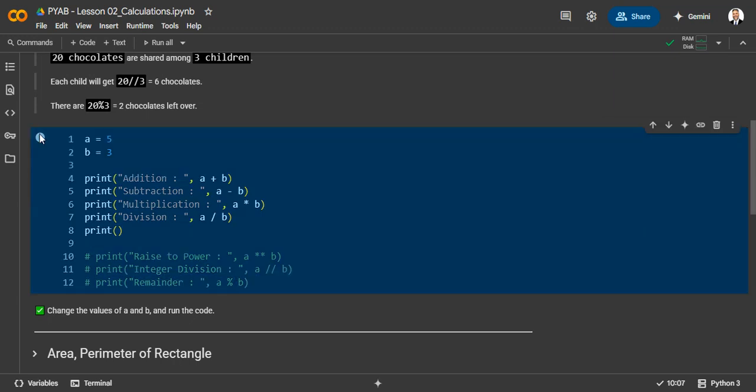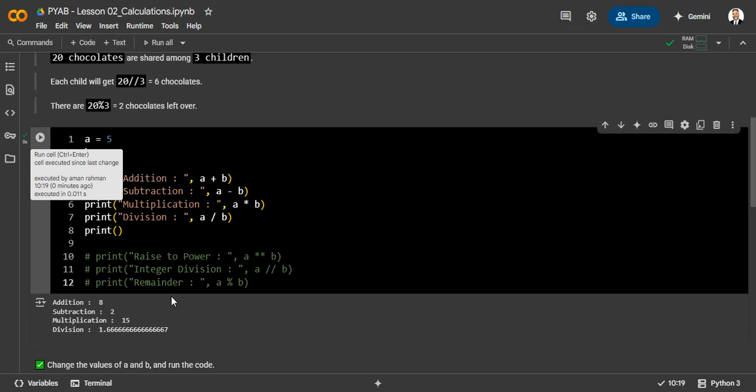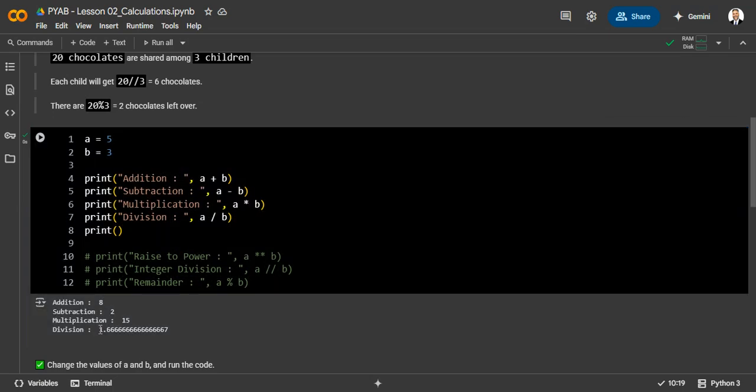When I run the code now, I have the answers for addition, subtraction, multiplication and division. As we know, the decimal places in the division we don't have to worry about because we know how to round it. So these 4 operations are done.